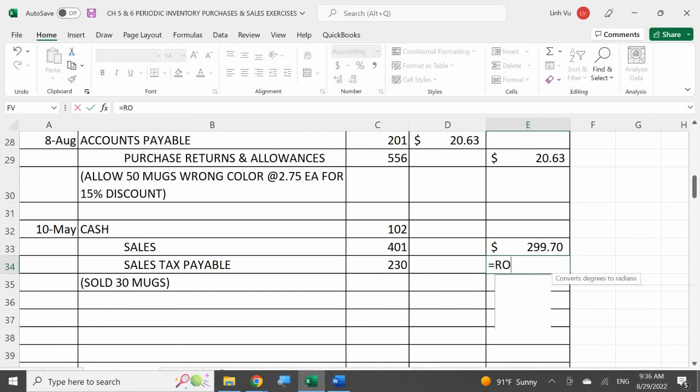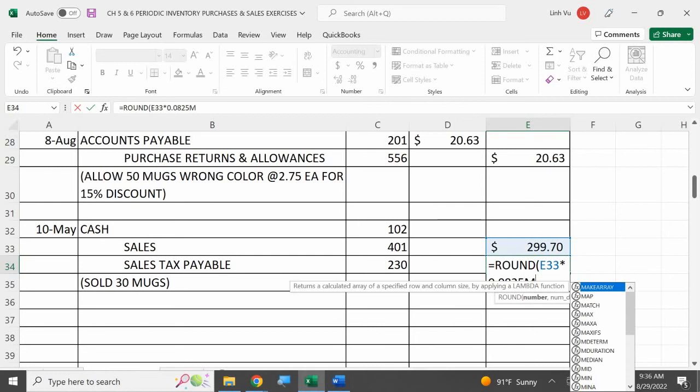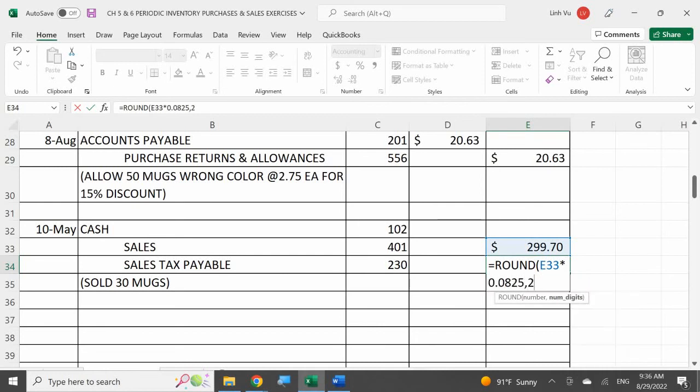How much sales tax am I going to collect off of the $299.70? $24.73.